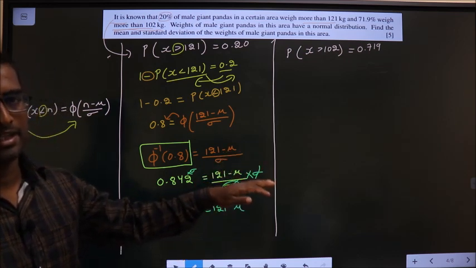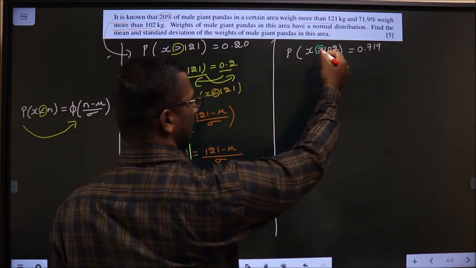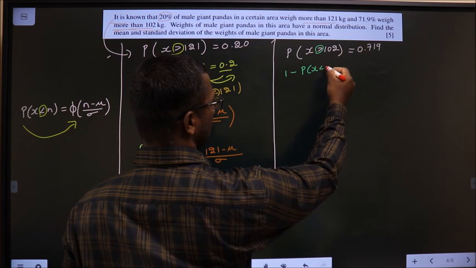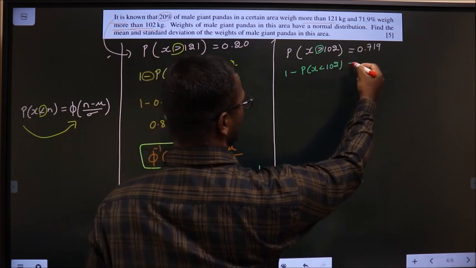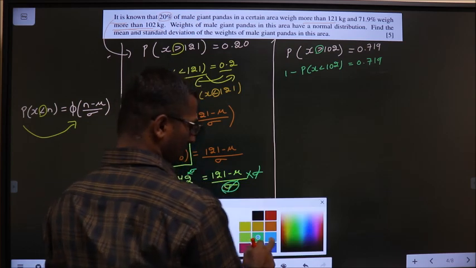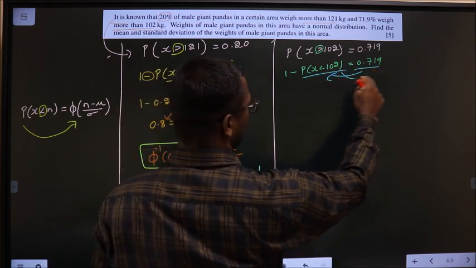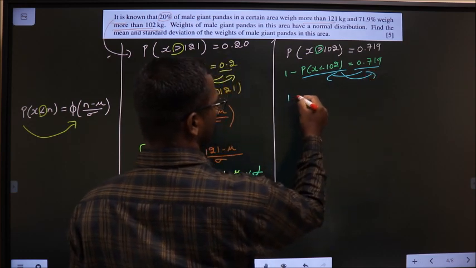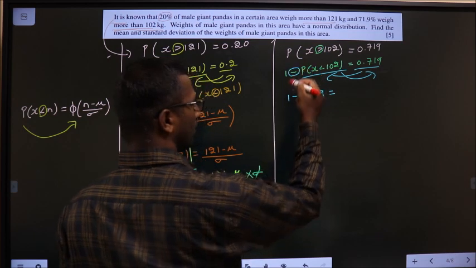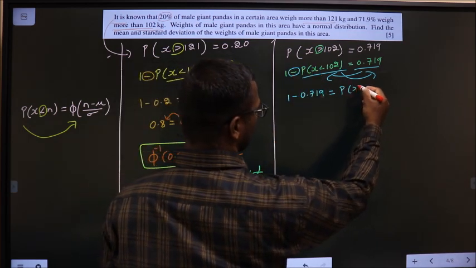Now look at the other equation. Here also the symbol is greater than. So to make it less than, we have to do 1 minus P of x less than 102 equal to 0.719. Now all the numbers one side and this to the other side. So 1 minus 0.719 equal to, here it is negative, when you shift it will become positive.